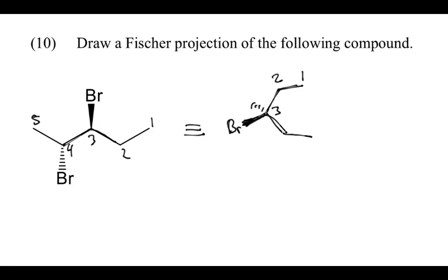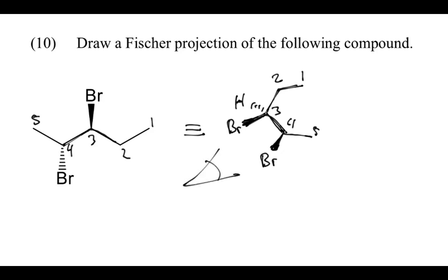So we have bromine and H. And then carbon 4 has now flipped. Before it was kind of like a V, and now it's like a roof. That means we flip them. So now the bromine becomes a wedge again. And again, carbon 5 doesn't matter. There's just hydrogens.